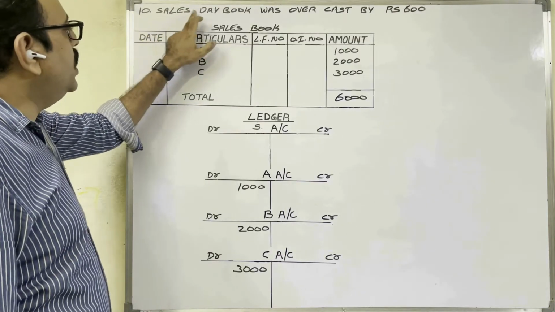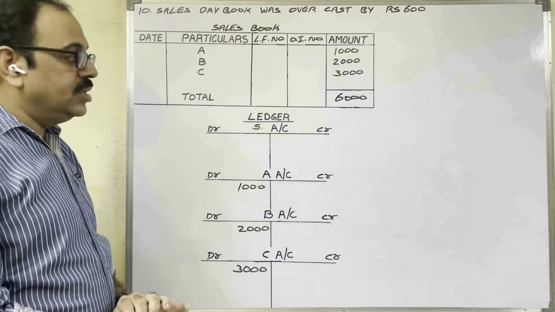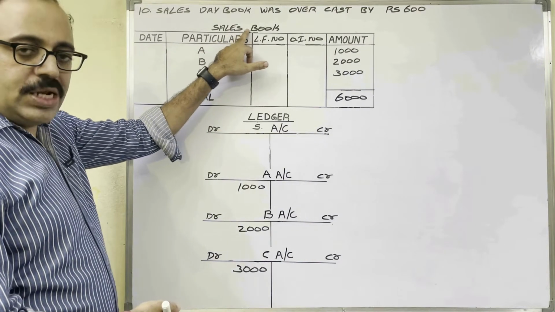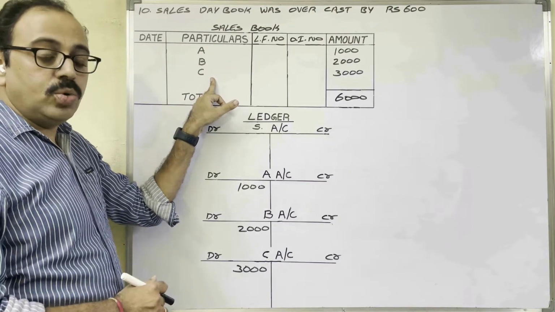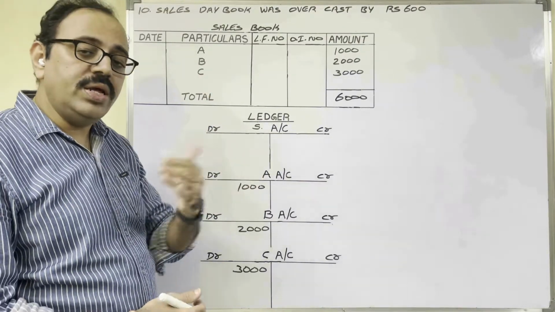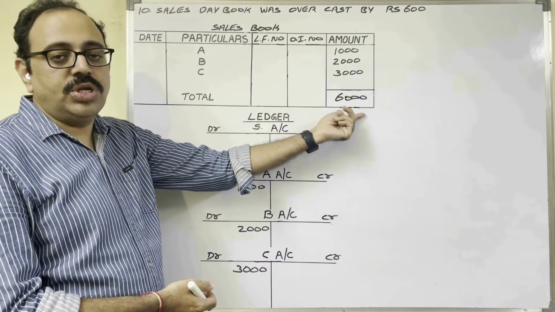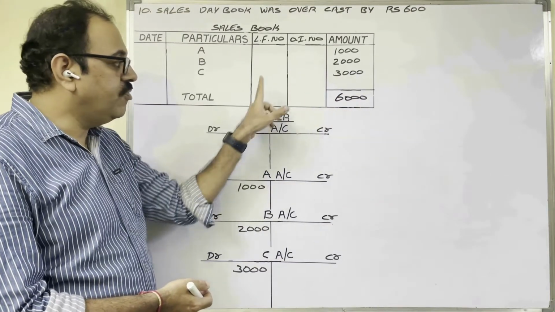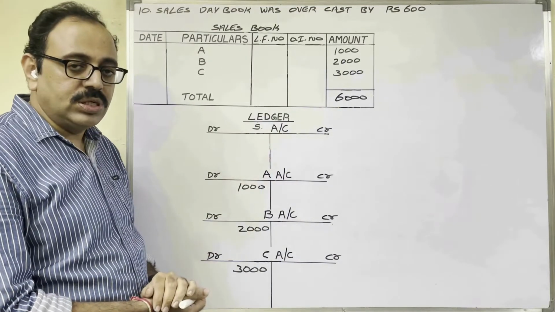10th one, sales day book was overcast by 600 rupees. Sales book we prepared. A, B, C are customers to whom we sold goods on credit. These are the sales amounts, total is 6,000 rupees. In ledger, we should post this in sales account and customers accounts.